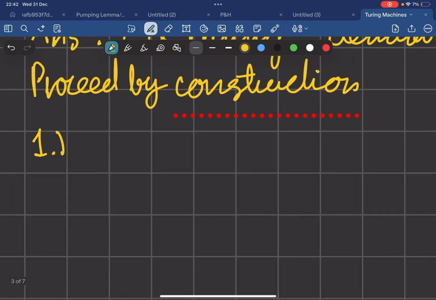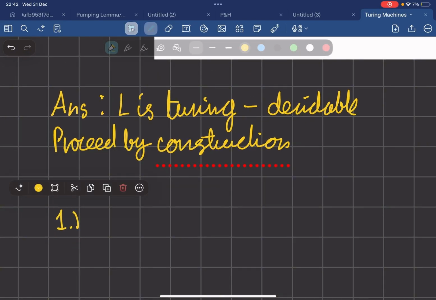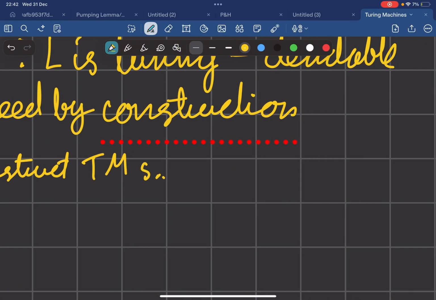So we're going to write this down first. We're going to construct a Turing machine such that it follows the steps that we outlined.